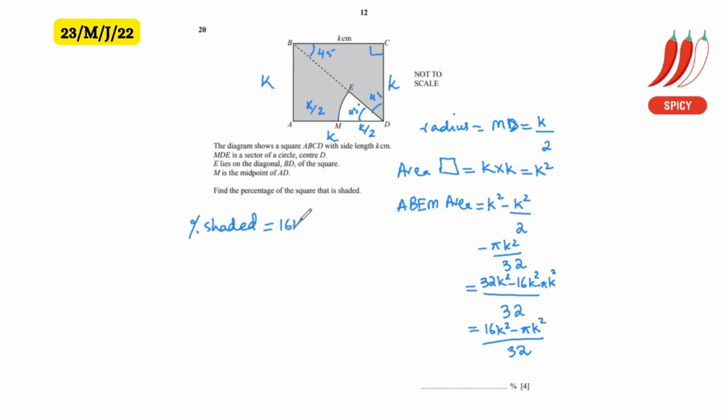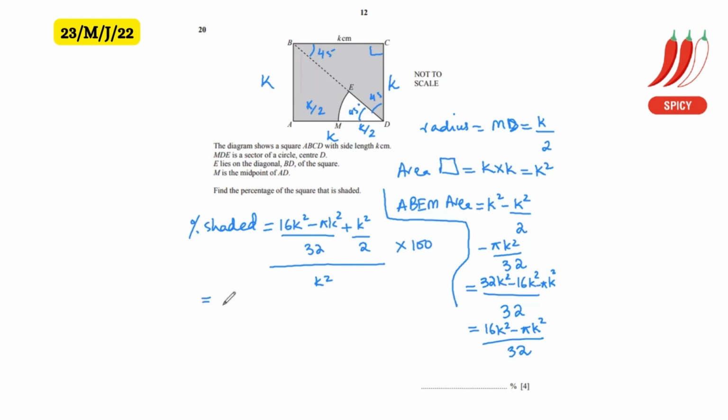So 16k squared minus pi k squared over 32 plus k squared over 2, divided by k squared, and all of this is times by 100.